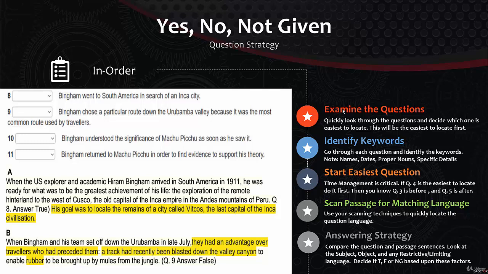All right, and it says in paragraph B, when Bingham and his team set off down the Urum by mules and mules from the jungle.